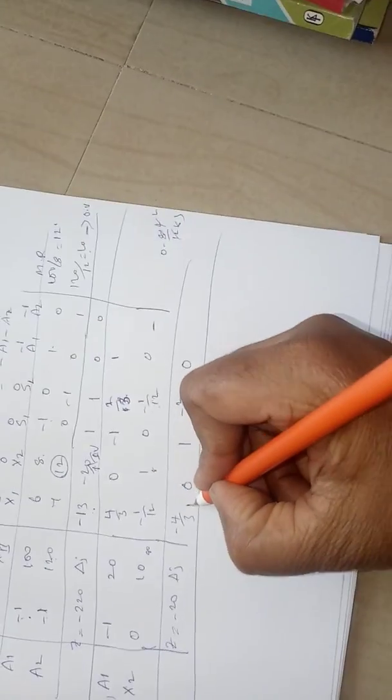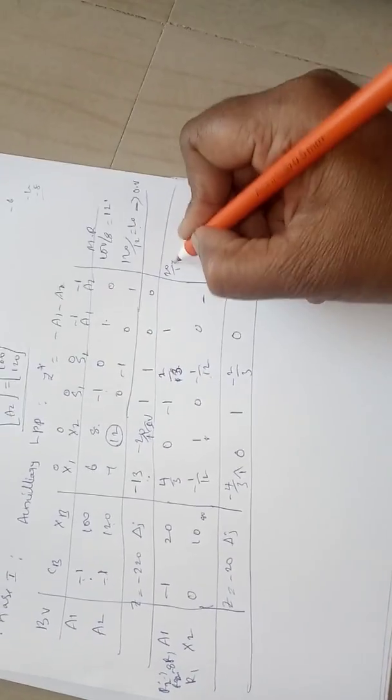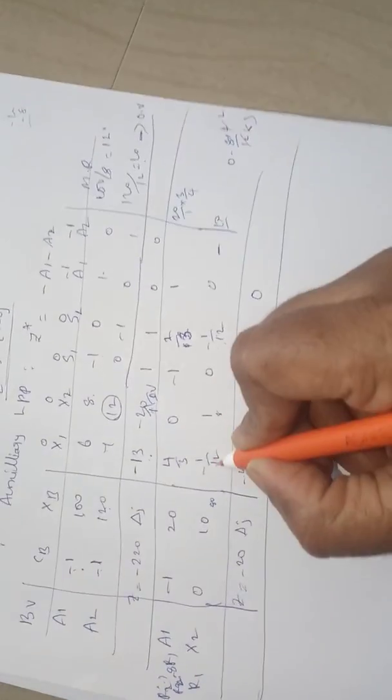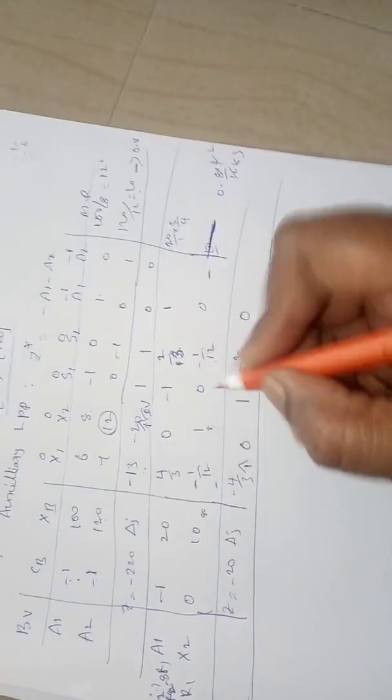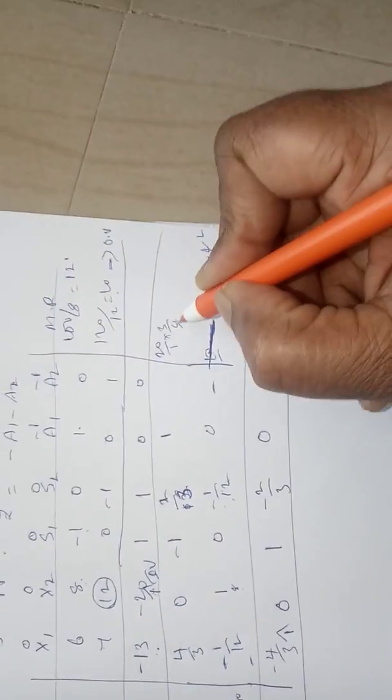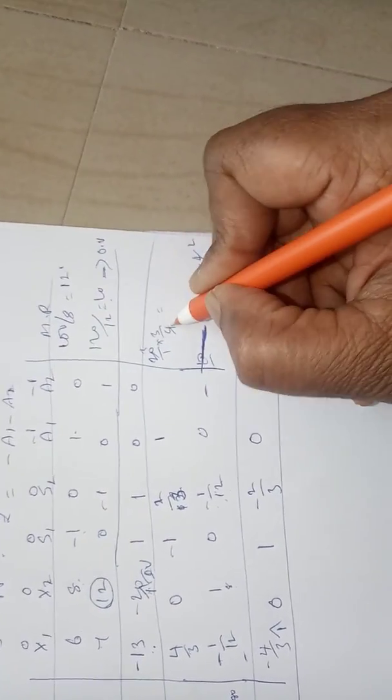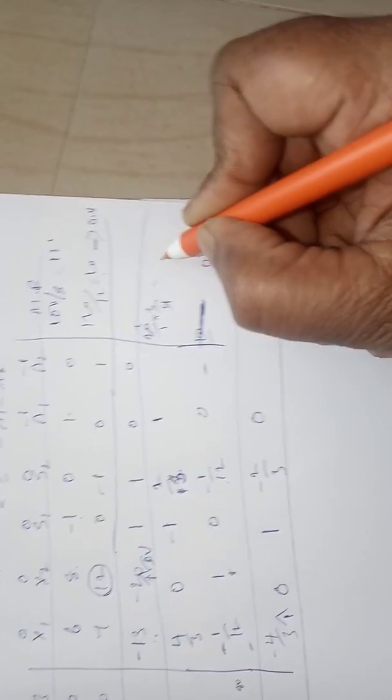So this is the incoming vector. So 20 by 1, 10 by 1 into 3 by 4. It is a negative value, so no need to consider it. So here 20 by 1 into 3 by 4, that is 15.